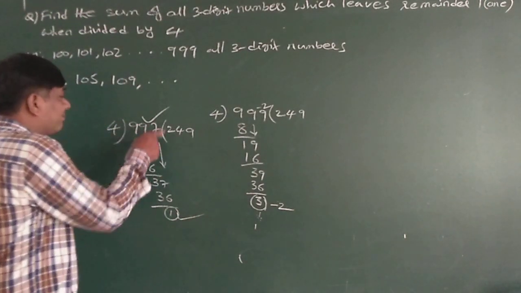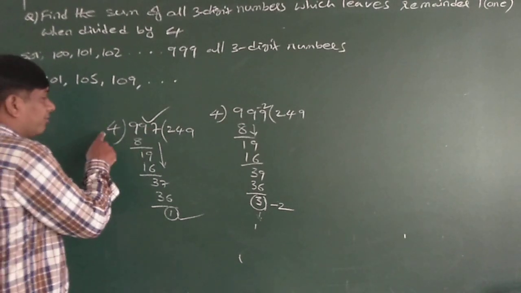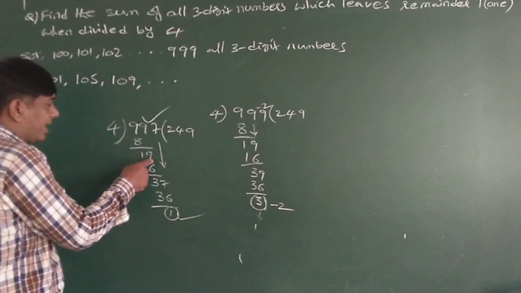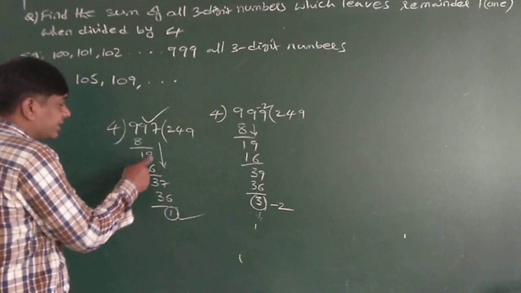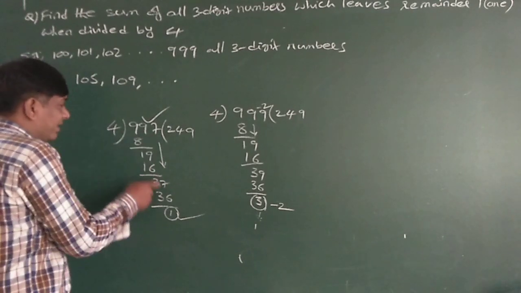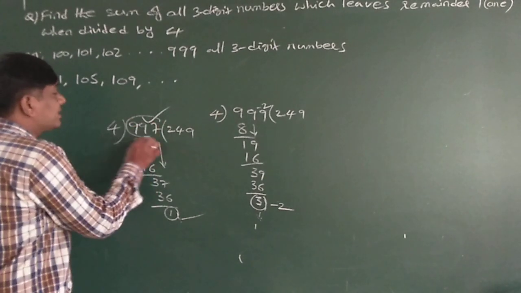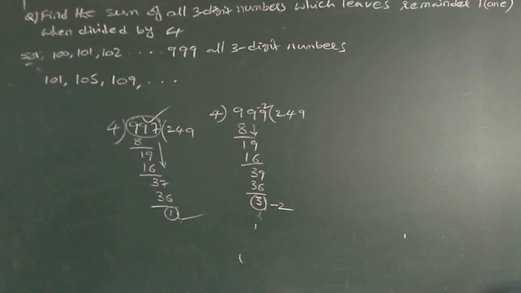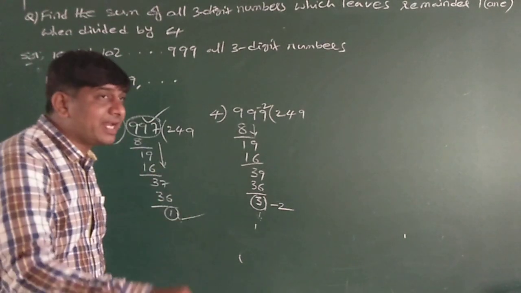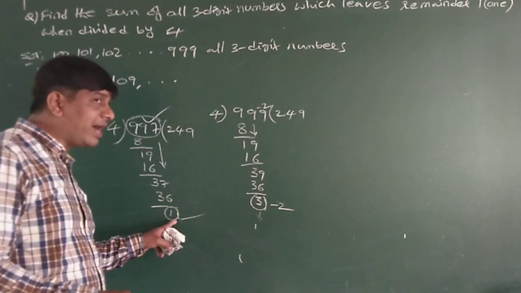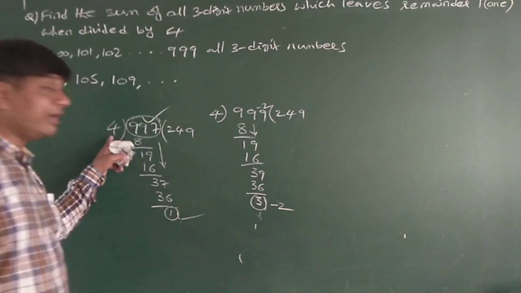Divide 997 by 4. 4 2s are 8, 1 from 9. 4 4s are 16, 9 minus 6 is 3, then 7. 4 9s are 36. I got remainder 1. So the last 3-digit number is 997, which leaves remainder 1 when divided by 4.